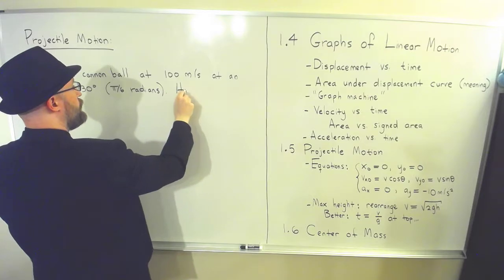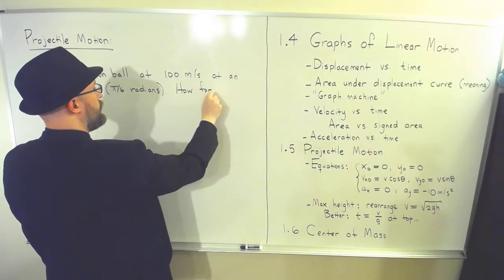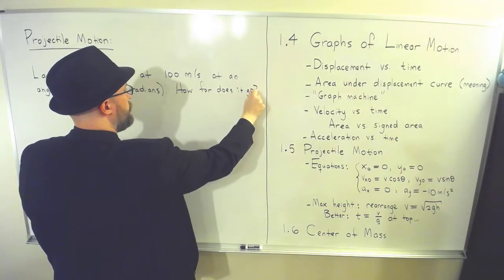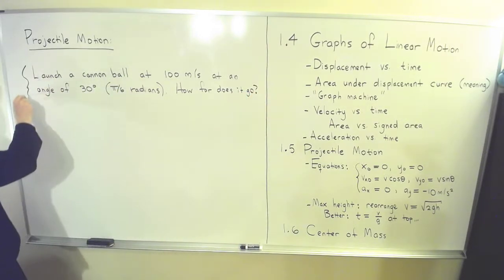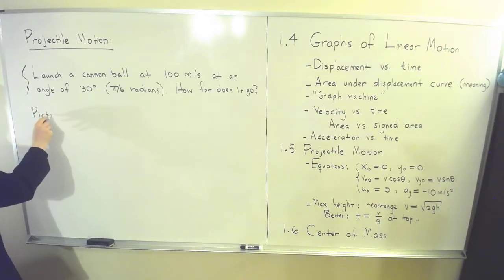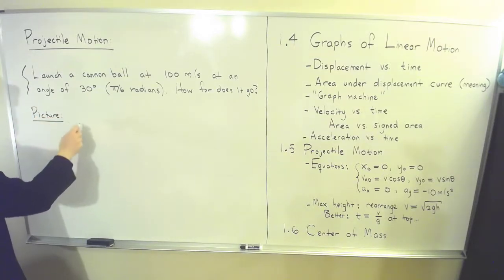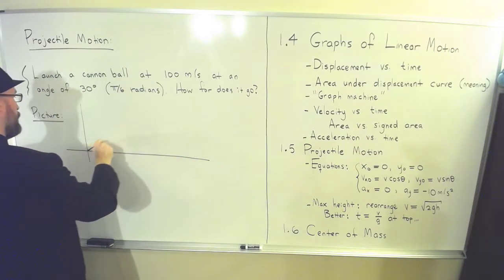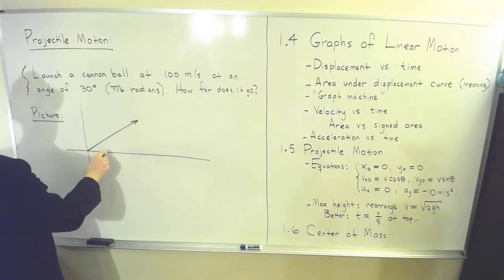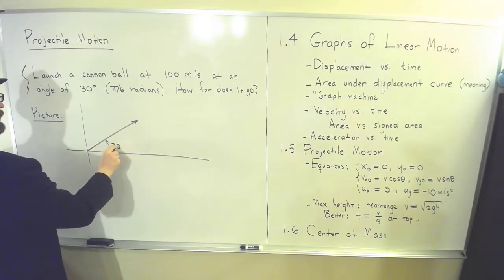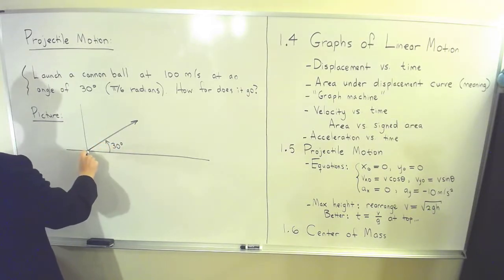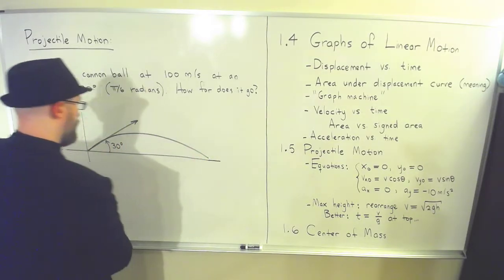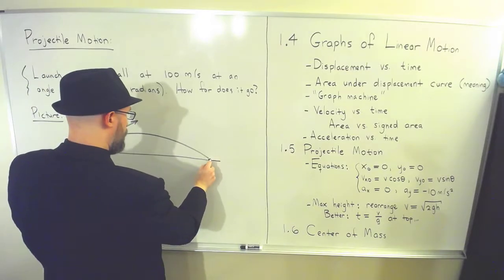How far does it go? So what the picture would look like is I'm going to start off, so this is 30 degrees, or pi over 6 radians, and then it's going to go like that, and eventually it's going to hit over here.